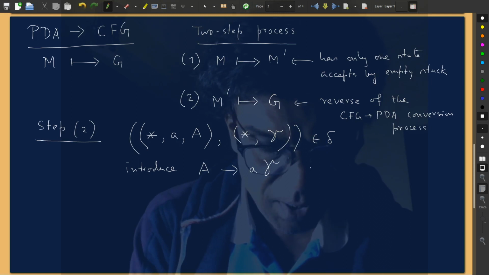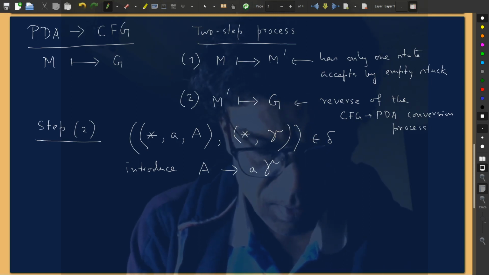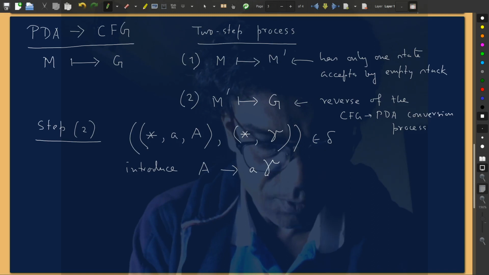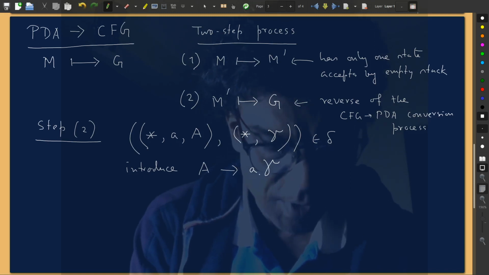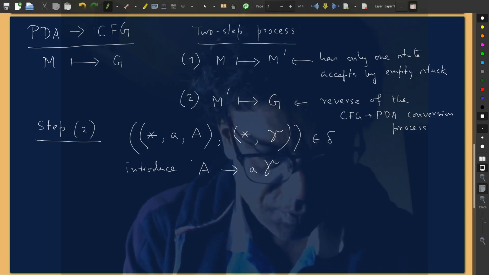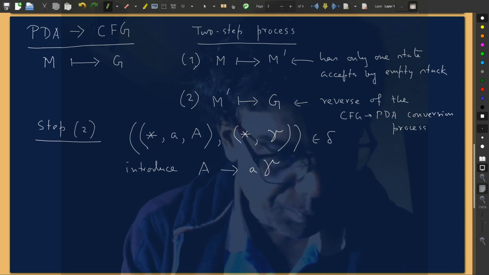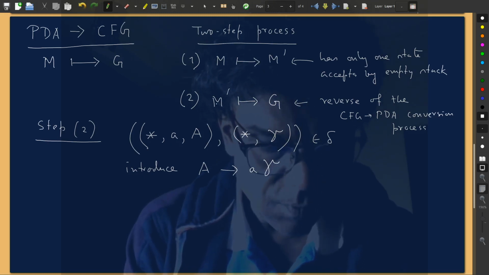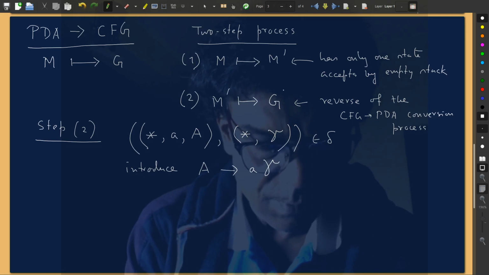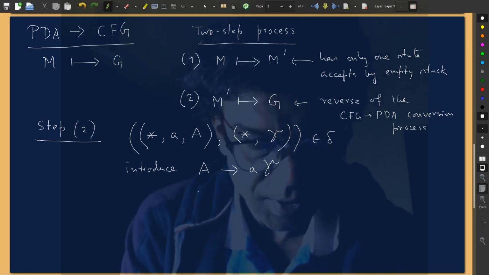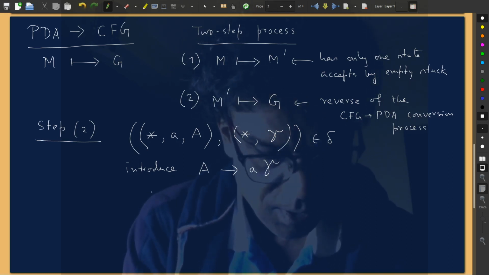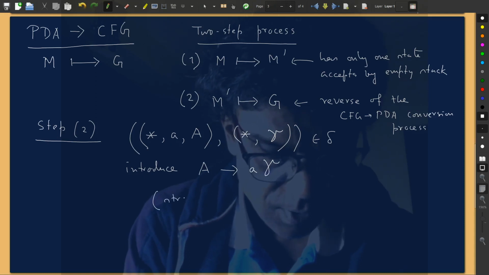So consider this A can be A gamma, then consume A. So gamma remains only. Okay. Anyway, whatever it is, this is a straightforward procedure for converting M prime to G. So I am not illustrating this with an example. This is fairly straightforward.